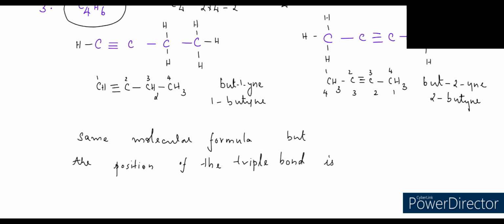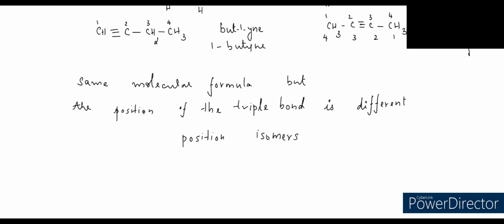So they are isomers, or precisely speaking, they are examples of position isomers. Same molecular formula, but different structure. The position occupied by the functional group, the triple bond, is different. Therefore, but-1-yne and but-2-yne are called position isomers.